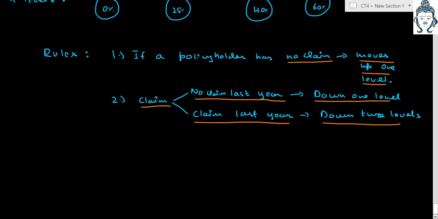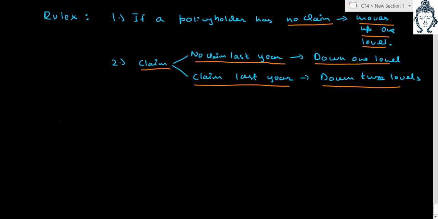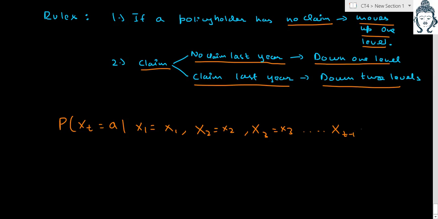So the Markov property for any discrete time process essentially means that the probability that X_t is equal to a, given that X_1 was equal to some small x_1, X_2 was equal to some small x_2, X_3 was equal to some small x_3, and so on, going up till X_{t-1} was equal to some x, is the same as the probability of X_t equal to a given only this last value.